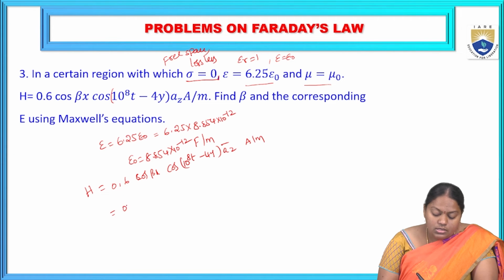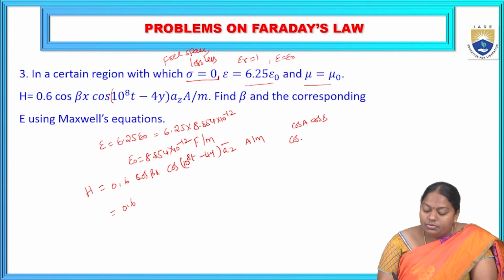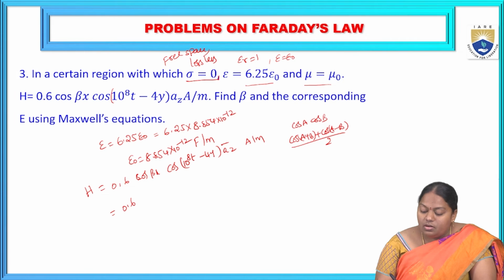Which is equal to 0.6 into, here the function is cos A cos B. The formula for this is cos of A plus B plus cos of A minus B by 2. For cos of A plus B, the formula becomes cos A cos B minus sin A sin B, plus cos A cos B minus of minus, which becomes plus sin A sin B, by 2.